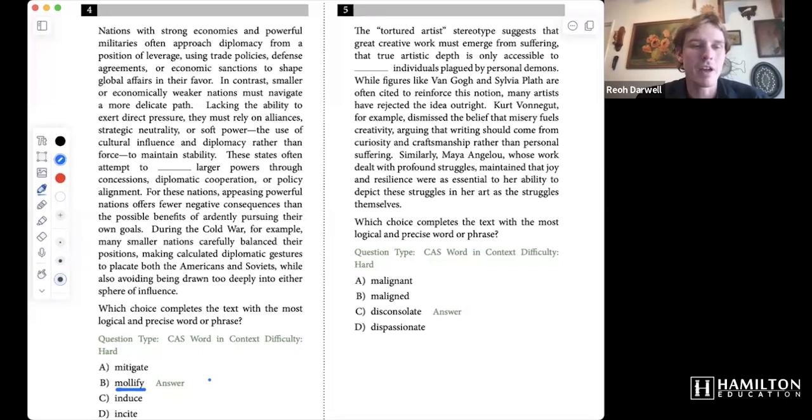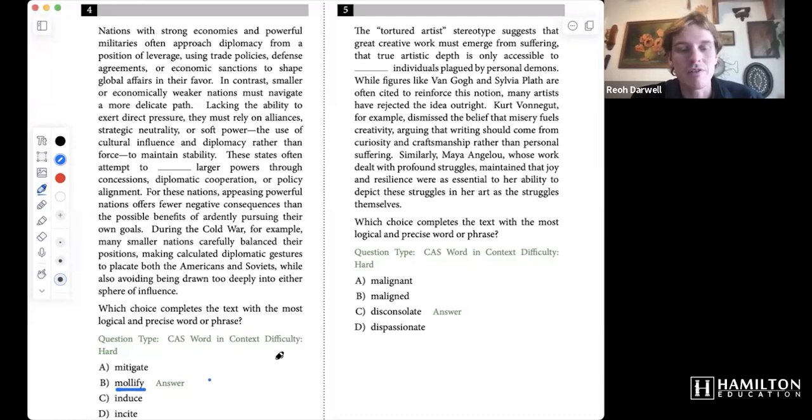Okay. So what does mollify mean? Well, to give you another synonym that you probably don't know, it means to placate. Ooh, well, what does placate mean? Well, it means to appease the power or capacity to ruin of someone else, right? Someone's really angry. They're like, I'm gonna beat you up.